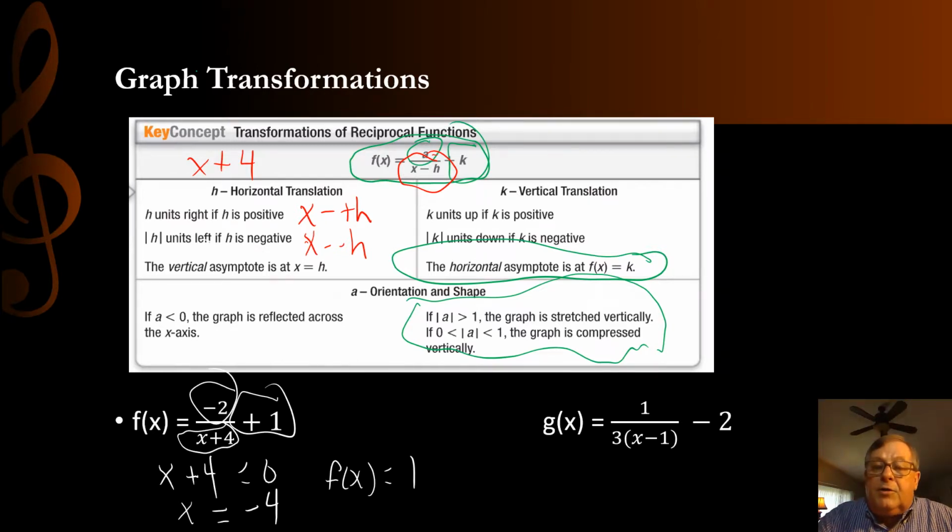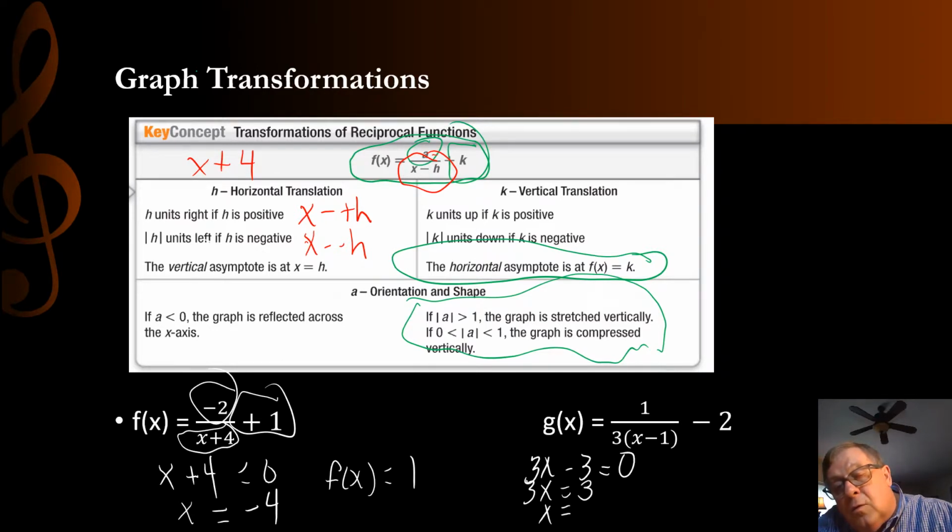Now, you could say, well, let's distribute the 3 to the x minus 1, and we would get 3x minus 3. When I set that equal to 0, 3x minus 3 equals 0, trying to determine where the vertical asymptote is going to be, then I've got 3x equals 3 and x equals 1.